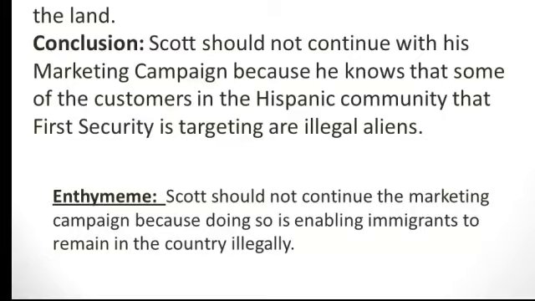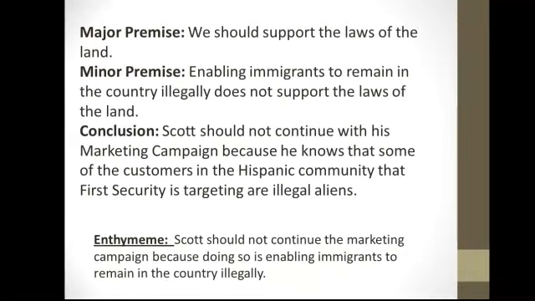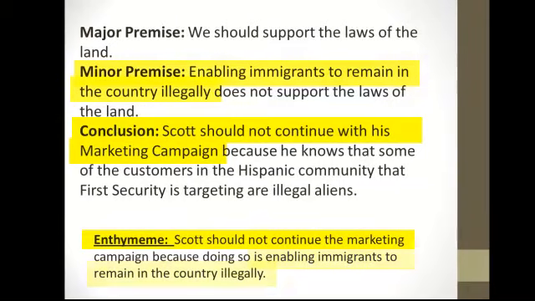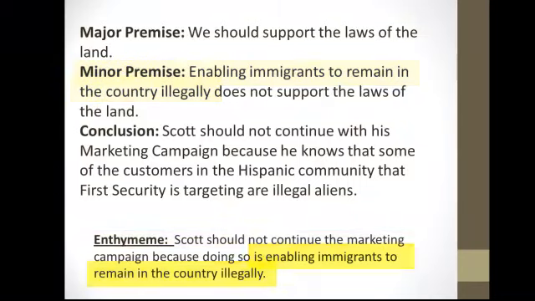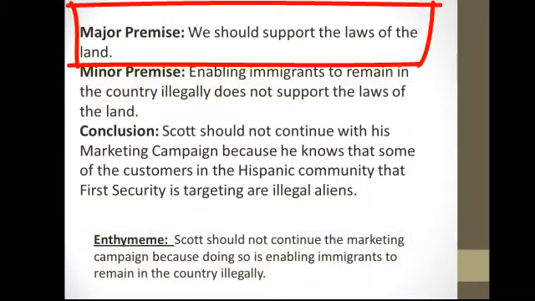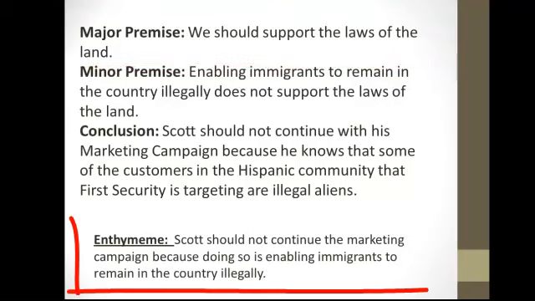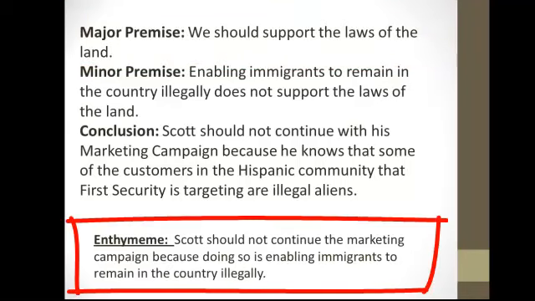Do you see how that then connects the conclusion with the minor premise, using the word because in between the two, the claim with the reason, and it's leaving out the major premise, we should support the laws of the land? We're assuming that our audience will accept that warrant or that assumption, and it's unstated in our enthymeme. Scott should not continue the marketing campaign because doing so is enabling immigrants to remain in the country illegally. I hope this helps.